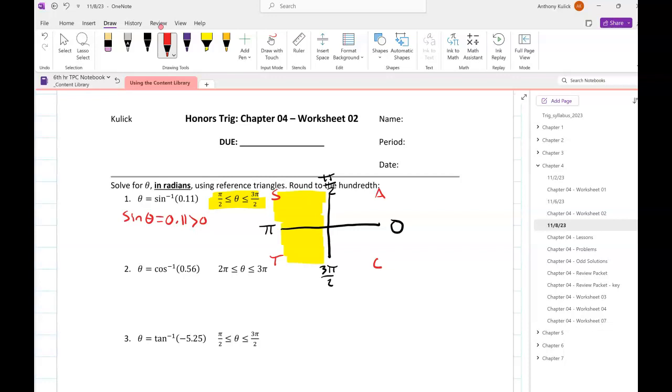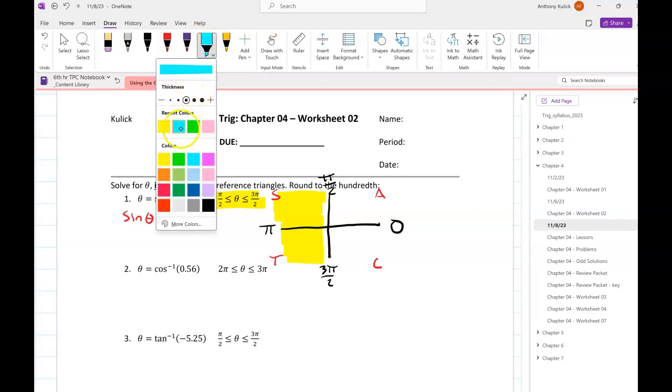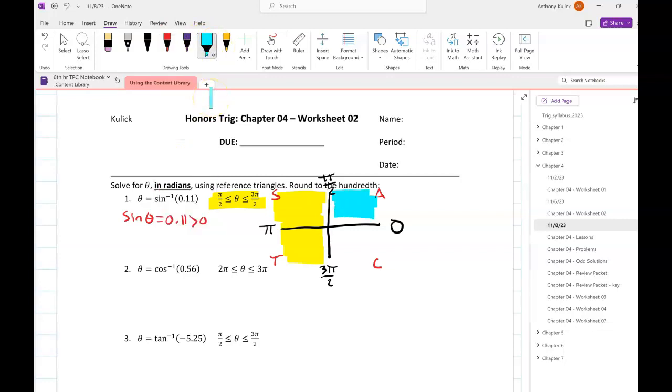Remember, these letters stand for the trig functions that are going to be positive in that quadrant. A stands for all: sine, cosine, and tangent are positive in the first quadrant. So that is definitely someplace where sine is positive.